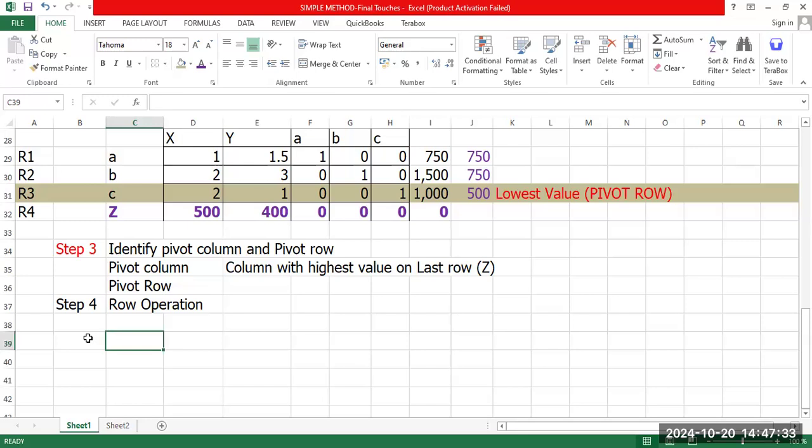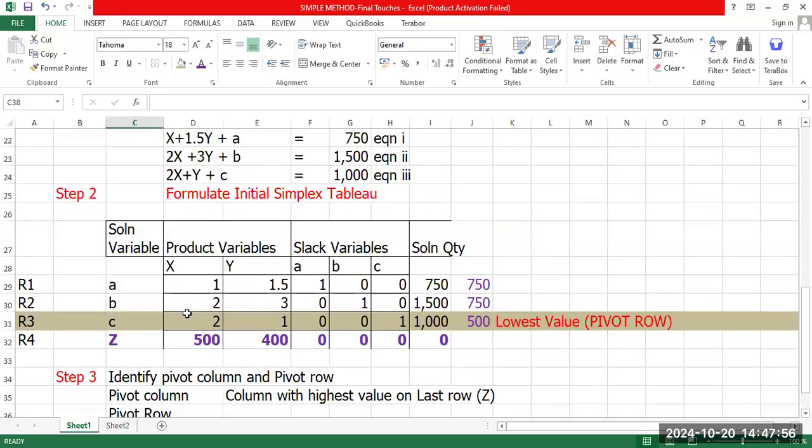The first formula you need under row operation is to look at your meeting point where the pivot row meets the pivot column. We want a formula that will make that meeting point appear as 1.